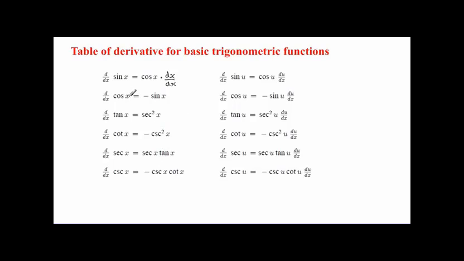So now, if the argument of the function is not x, then you can denote that function as u. In this case, it could be a certain function u of x. We don't mind what this u of x is. It could be a polynomial, an exponential function, or another trigonometric function.